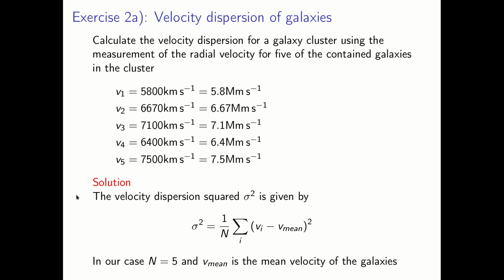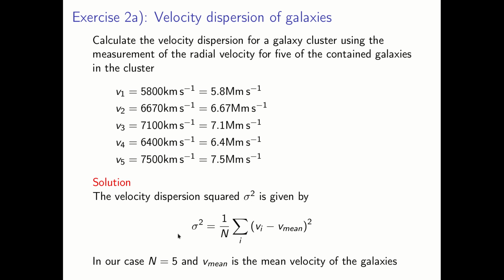So the solution is that the velocity dispersion squared, dubbed sigma squared, is given by sigma squared equals 1 over n, where n is the number of galaxies in your catalog, sum over the galaxies of the velocity of the single galaxies minus v mean, which is the mean velocity of the galaxies, squared.